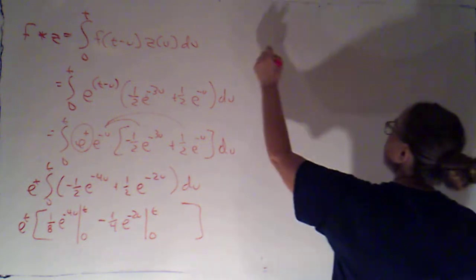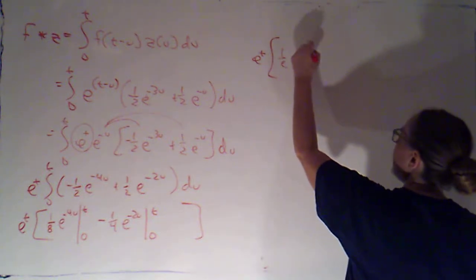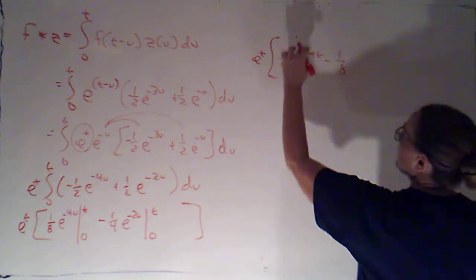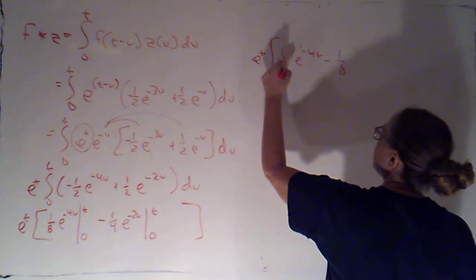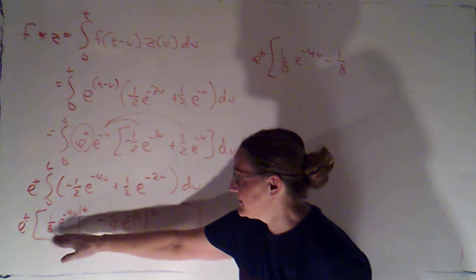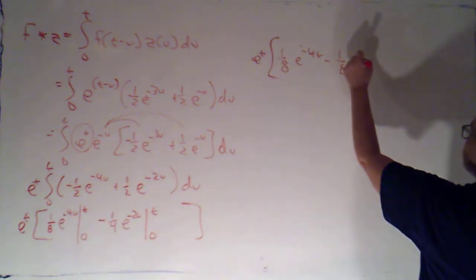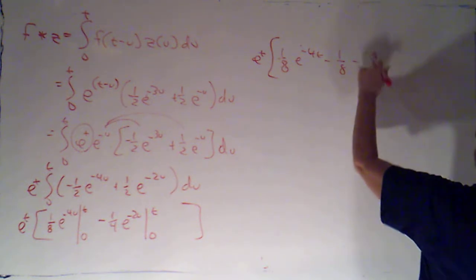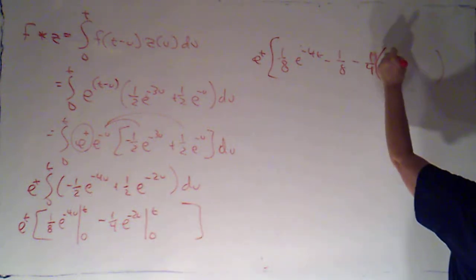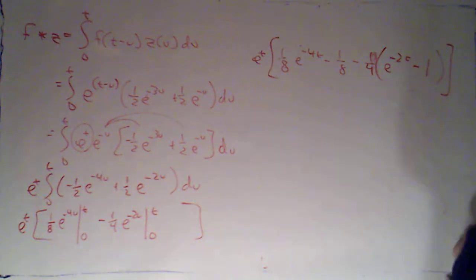So that's going to be e to the t times 1/8 e to the negative 4t minus 1/8. Oops. Sorry, that was plus 1/8, not minus 1/8. Don't forget, when you plug in 0, you don't get 0. You actually just get 1/8 times 1. Okay. Minus 1/4 times, now I'm going to get e to the negative 2t minus e to the 0 is 1.